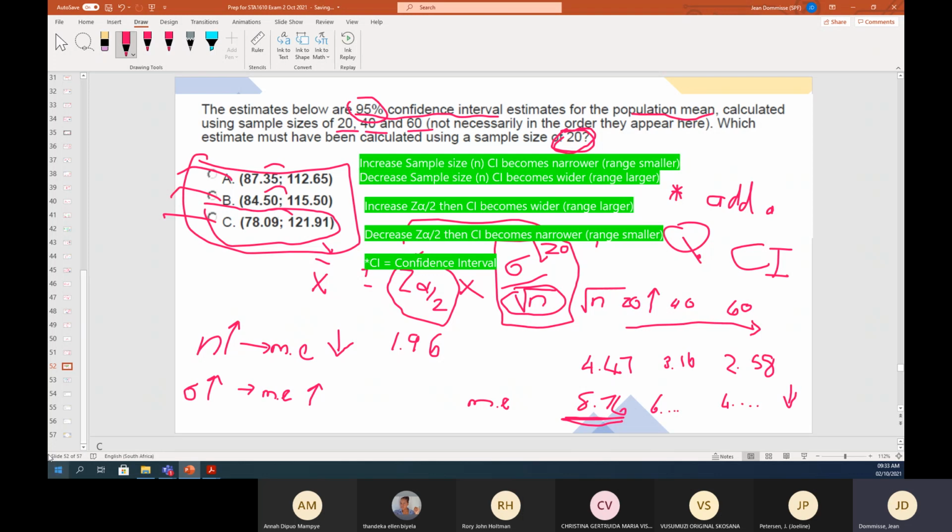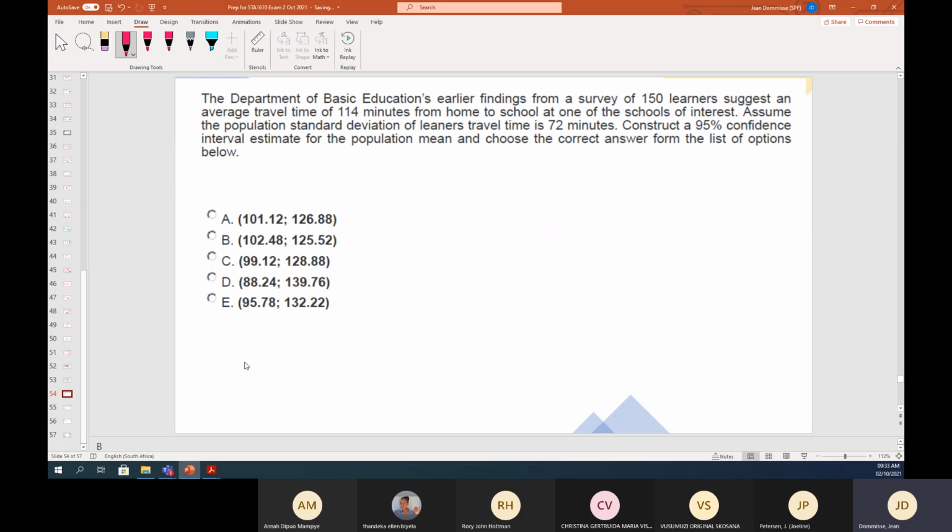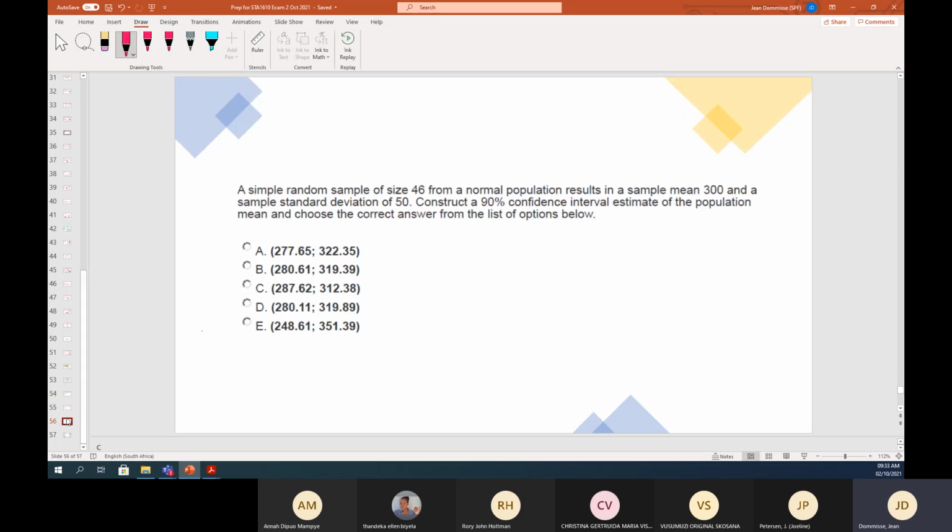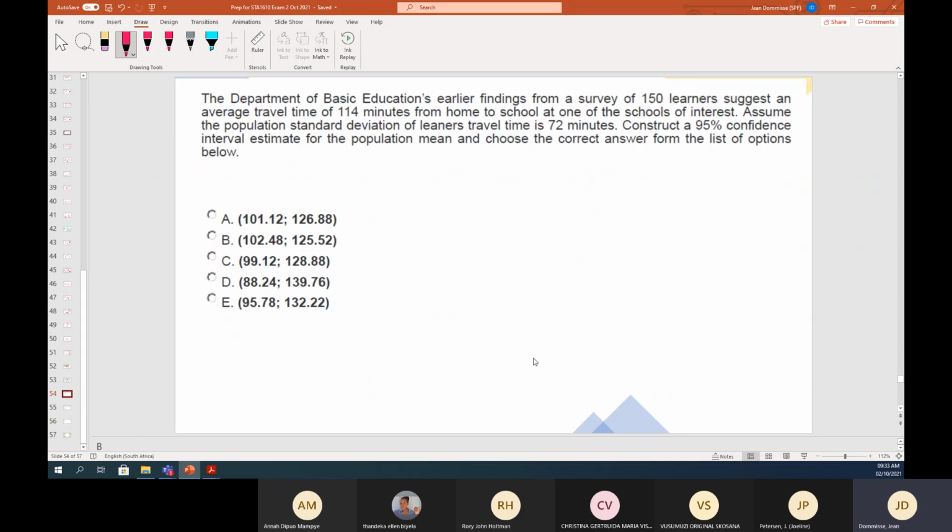So just don't be caught out in the exam when they give that and you just want to say the biggest one is the one that we take. Okay, so I think we've got 3 more that I want us to cover, when we've covered a lot of the confidence intervals as well.